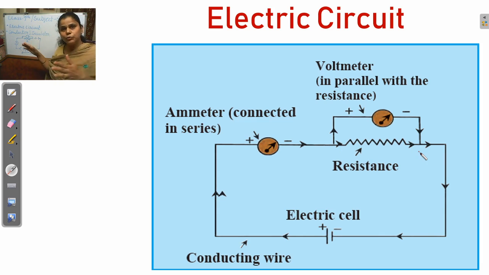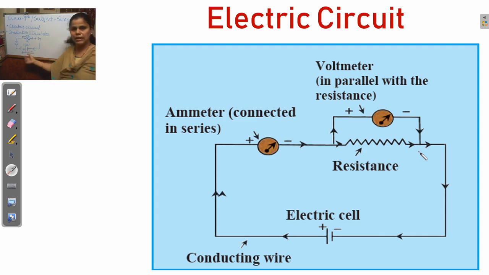The path where current flows through the conducting wire connected to the cell and other resistance is called the electric circuit. Is it clear?